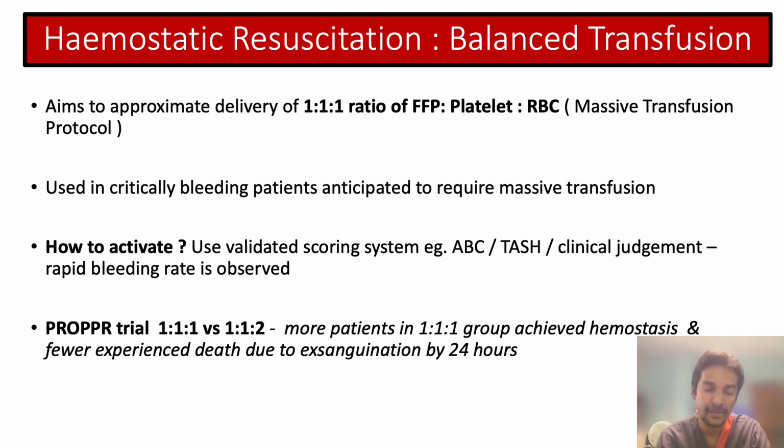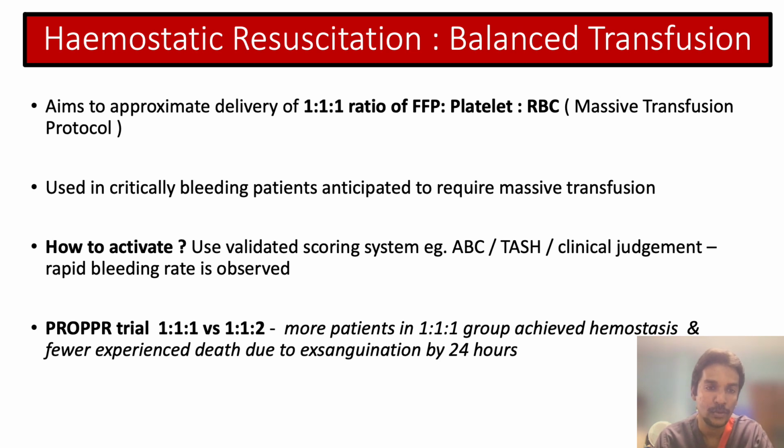It is used in critically bleeding patients anticipated to require massive amount of transfusion. How does it get activated? Usually it is activated by utilizing validated scoring systems such as the ABC score or TASH score, and occasionally clinicians use their clinical judgment when they observe rapid bleeding rate to activate this protocol. One of the important studies that shows the benefit of 1:1:1 ratio transfusion is the PROPPR trial.